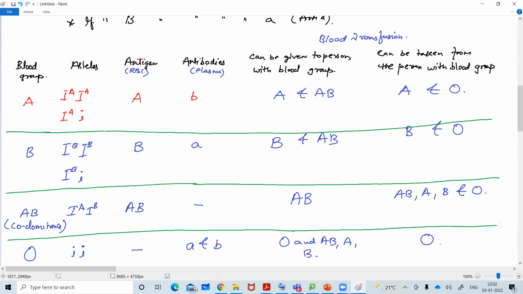So this is the concept of antigen antibodies present in the blood. So while blood transfusion, these things are checked.